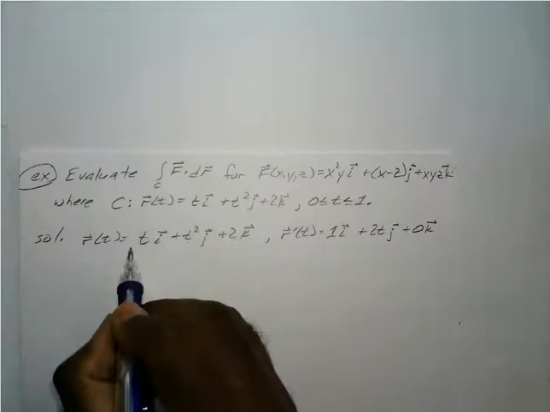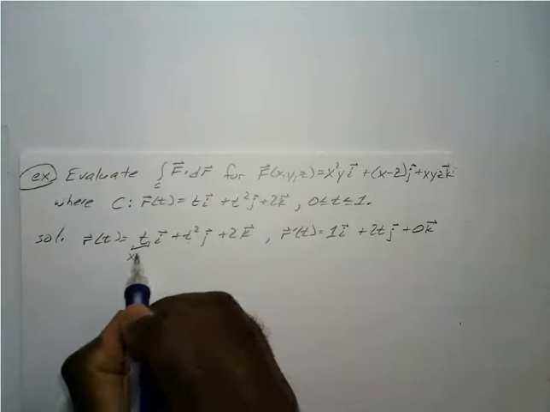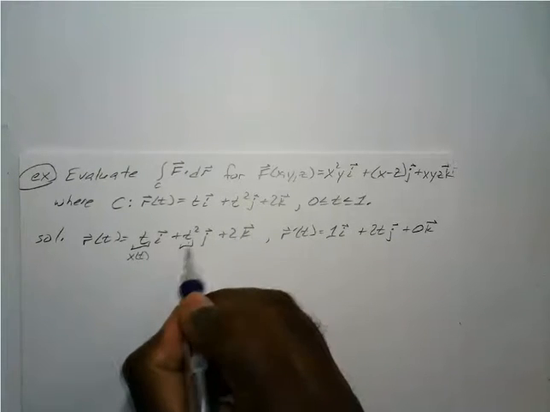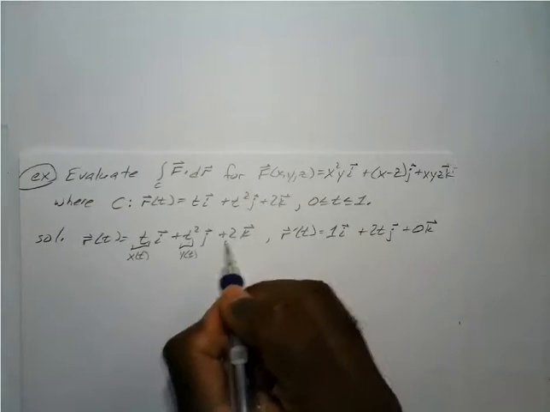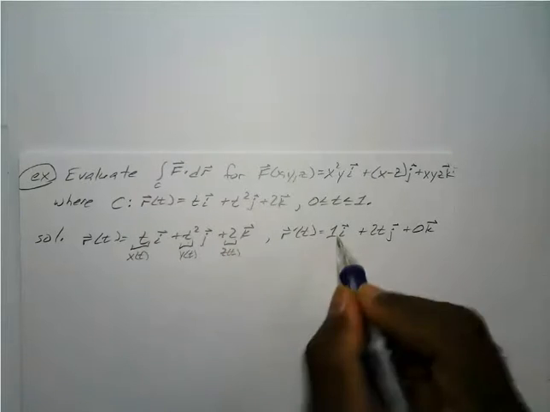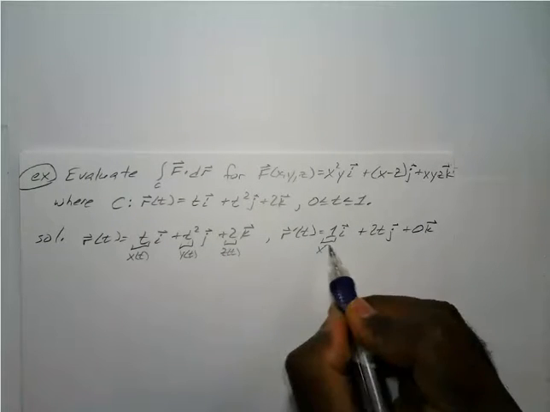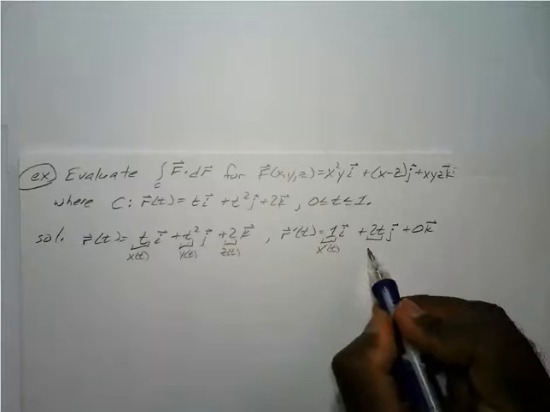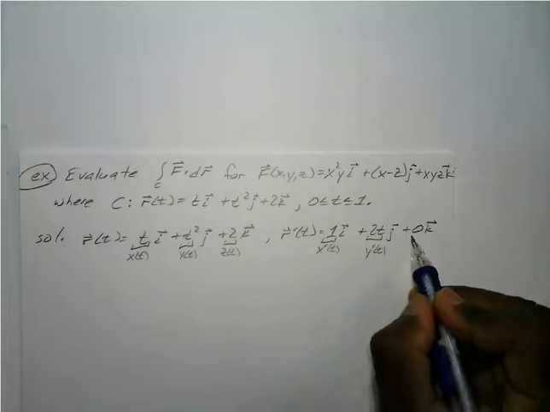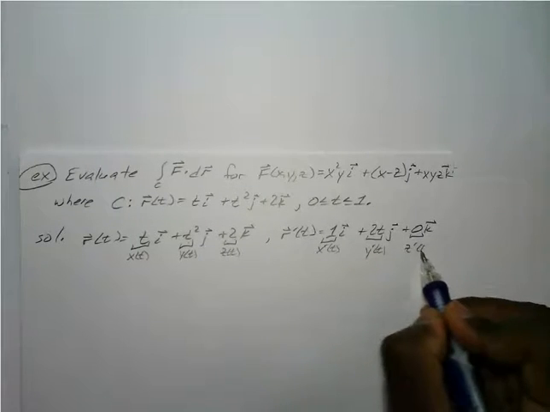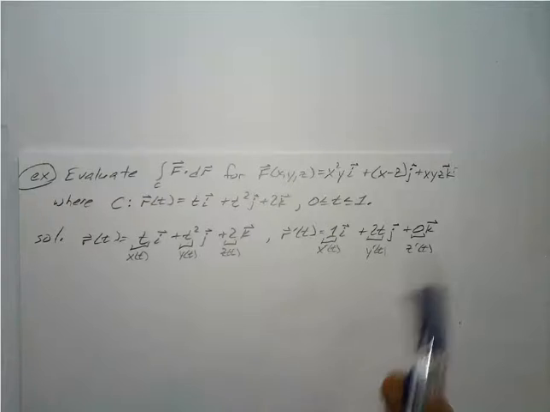Now just like before, your x of t, y of t, z of t, your x prime of t, y prime of t, and z prime of t. That's why I put the 0 there, just a placeholder.